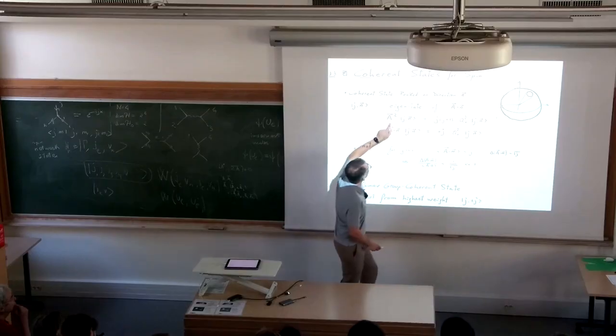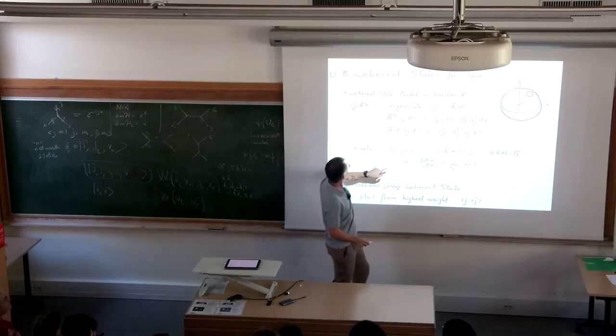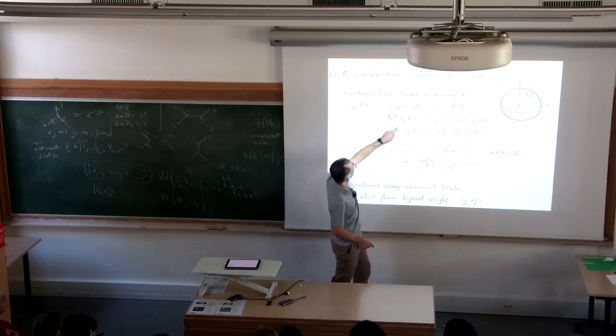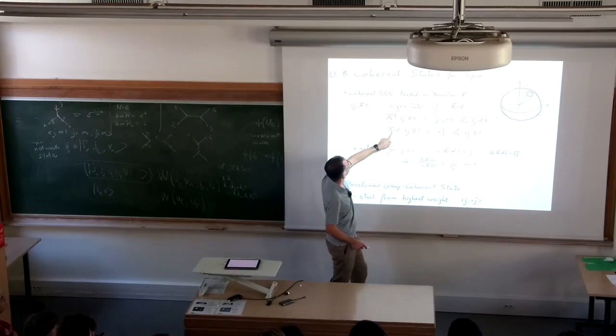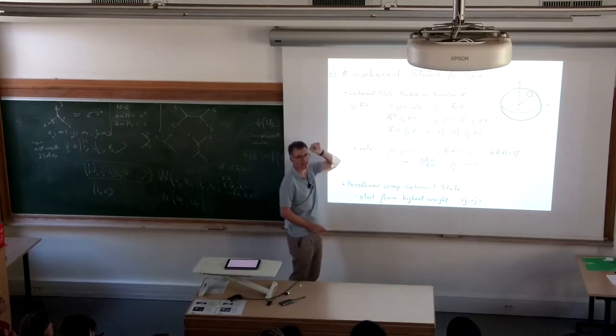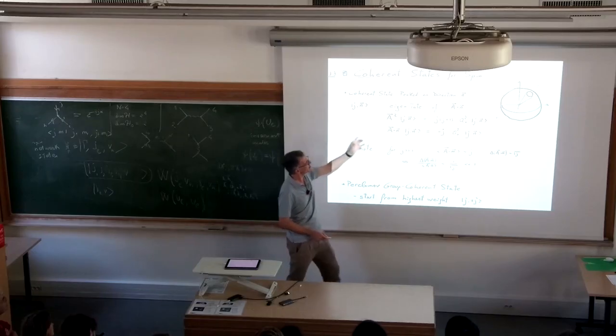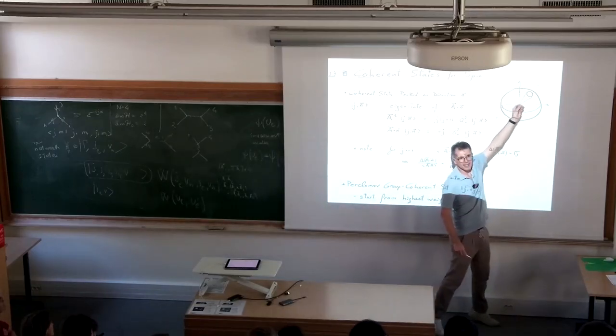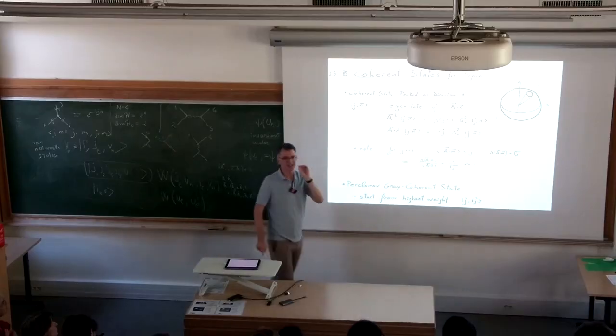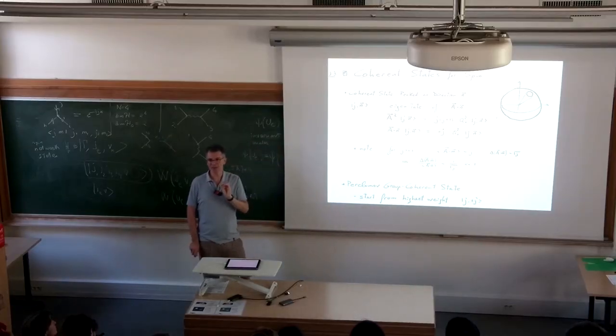Let's say you fix the area, and then you ask, can I write a state that points in the direction n that I fix, so that it points in that direction and the dispersion is small.